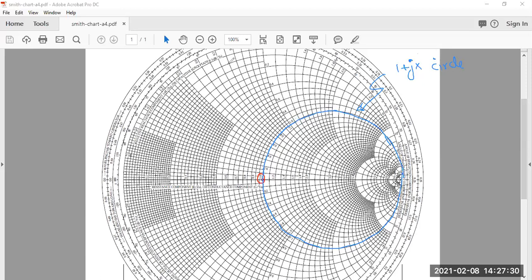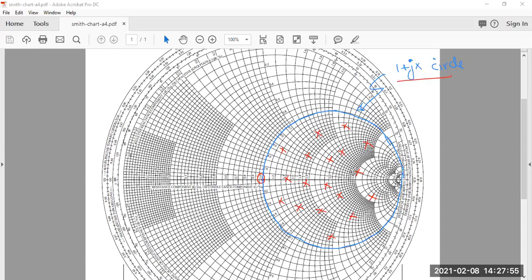So what was the criteria for the selection of a suitable network? If the load position is anywhere within this circle, let me draw these. These are possible positions of the normalized load, and all of these crosses, which represent ZL, are inside this circle.